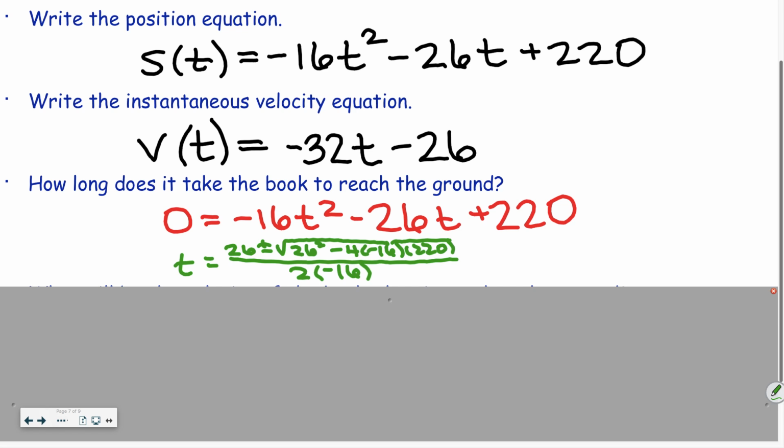Should we do 26 plus the square root, or 26 minus the square root? Practice in your calculator, but you should come up with 2.984 seconds.